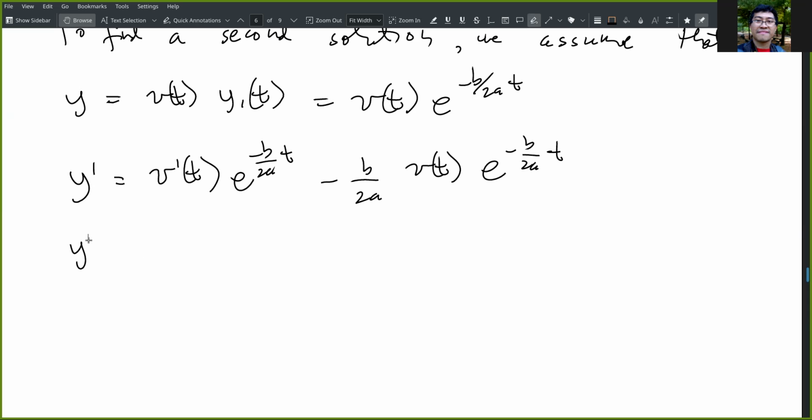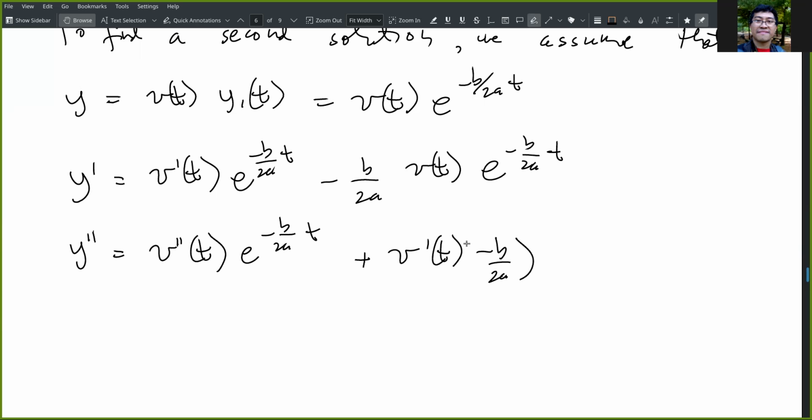If you take the second derivative, you have v double prime t e to the minus b over 2a t plus v prime t times the derivative of that, minus b over 2a e to the minus b over 2a t, minus b over 2a v prime t e to the minus b over 2a t.